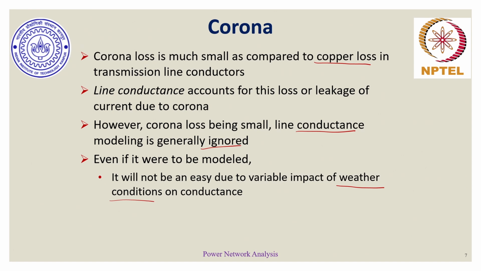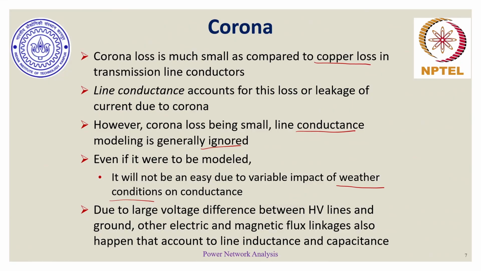So several such uncertain factors influence the occurrence of corona. For modeling it, one has to understand how it actually happens and when it is going to happen. That itself is difficult to account for, and that's the reason why we would not consider line conductance evaluation as part of our discussion.